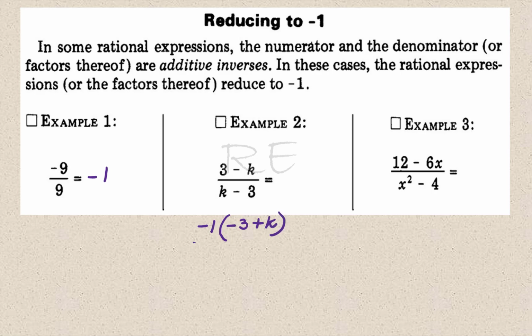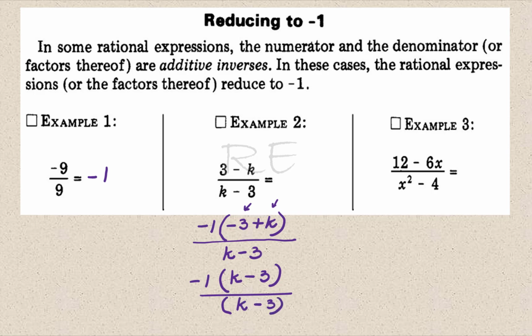We have to force the factorization of -1 in the numerator to see it. It's -1 times -3 plus k over k minus 3. We rearrange the terms. -3 plus k is the same as k minus 3. Therefore, we have -1 times k minus 3 over k minus 3, which is -1.